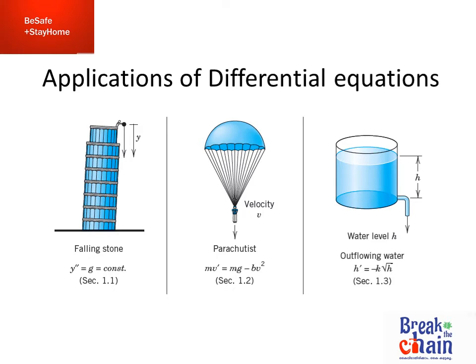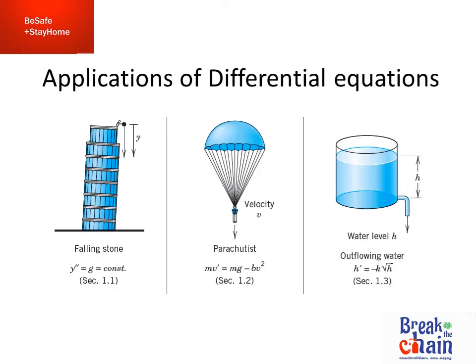Then applications of differential equations. You can see three figures, and in the first figure you can see a falling stone, and here the differential equation is y double dash equals g, which is a constant. Y double dash means d square y by dt square. In the second case you can see a parachutist going downwards, and here the differential equation is mv dash equals mg minus bv square.